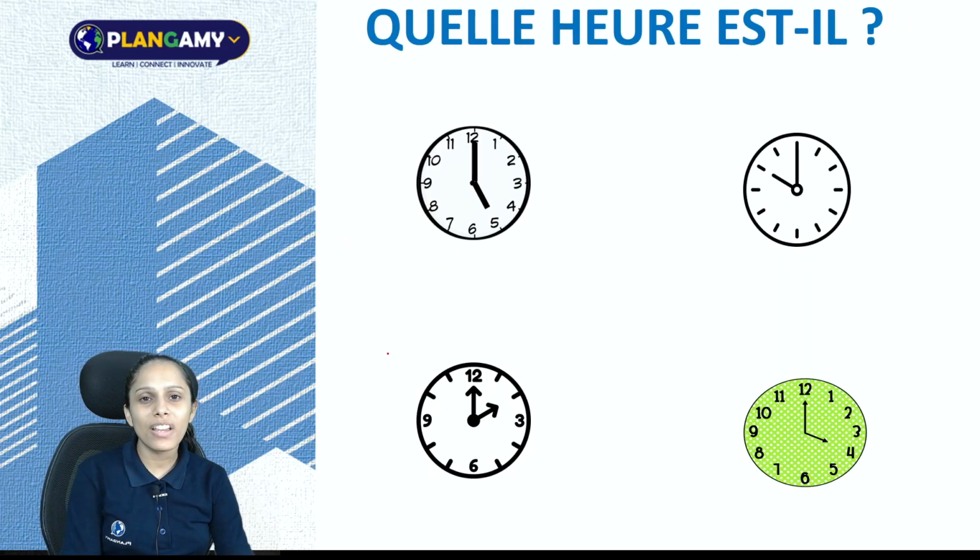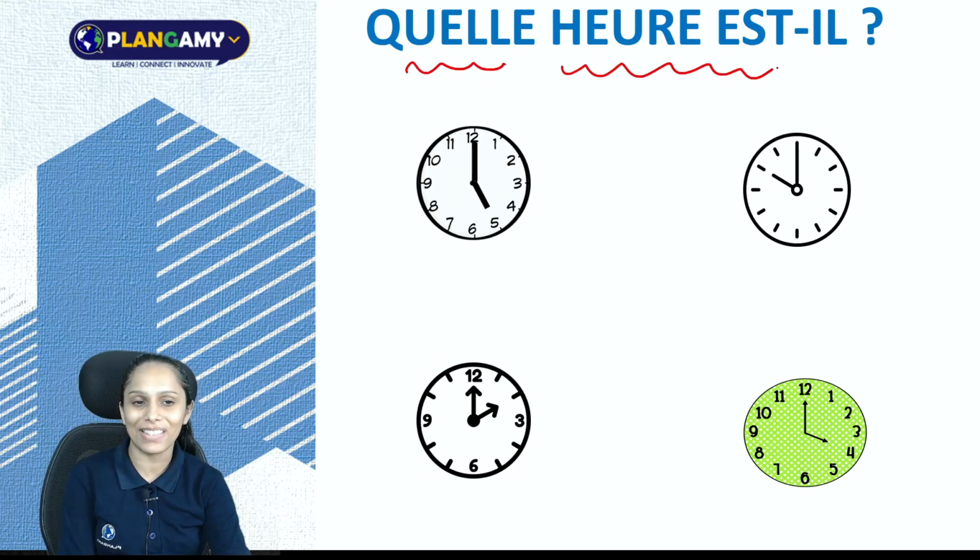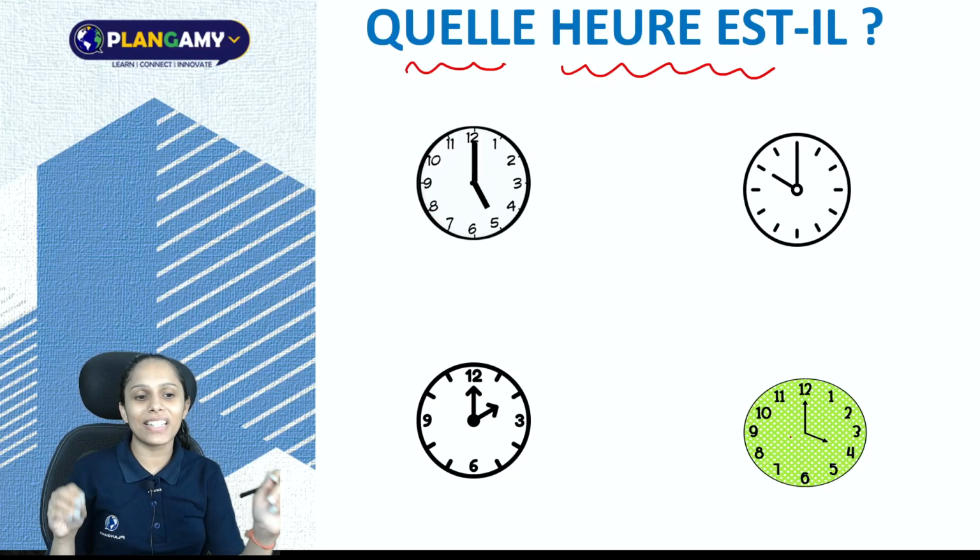Now, moving further, we have a very small exercise. It says, Quelle heure est-il? What does this mean? Quelle heure est-il? Very good. It means, what time is it? Now, what you have to do here, you can see these clocks, and these 4 clocks indicate 4 different times.